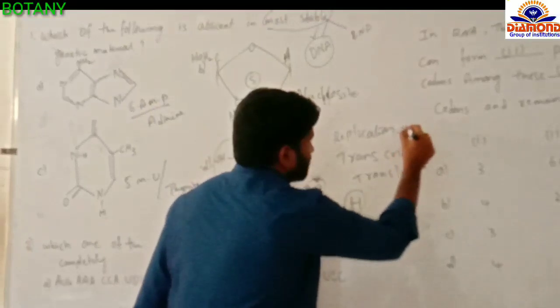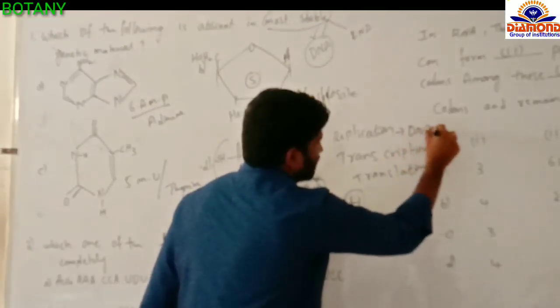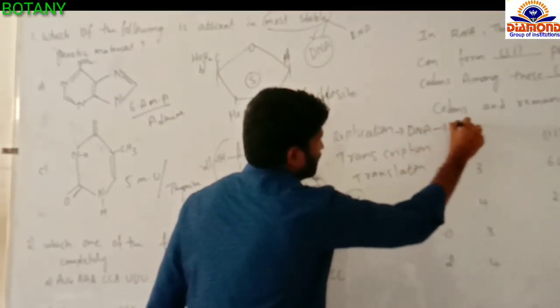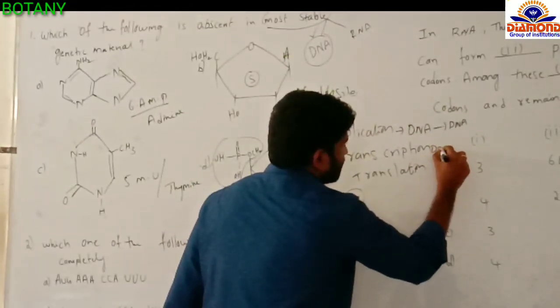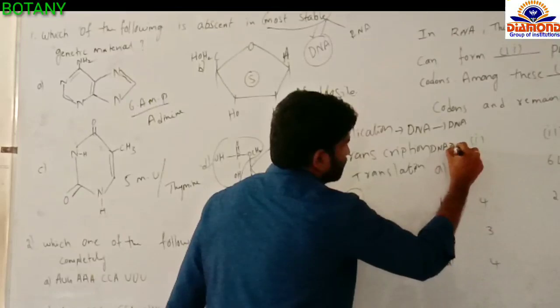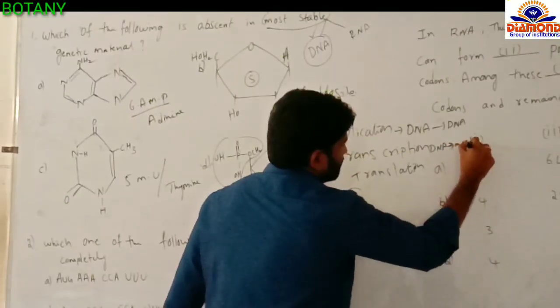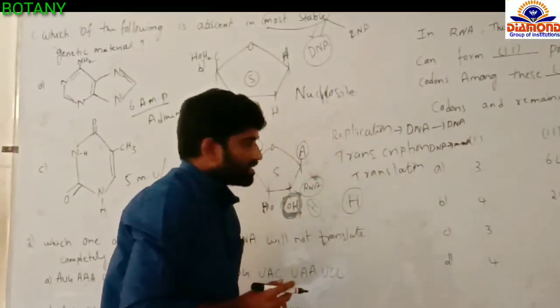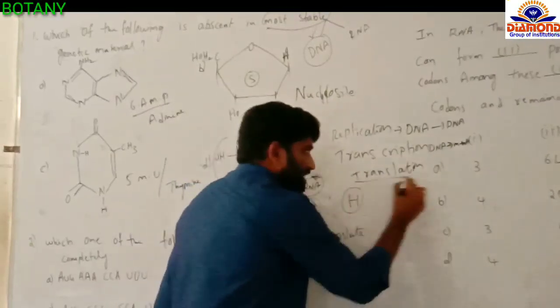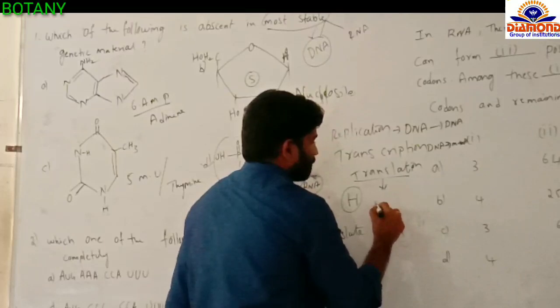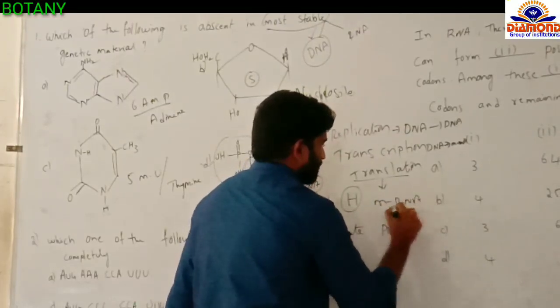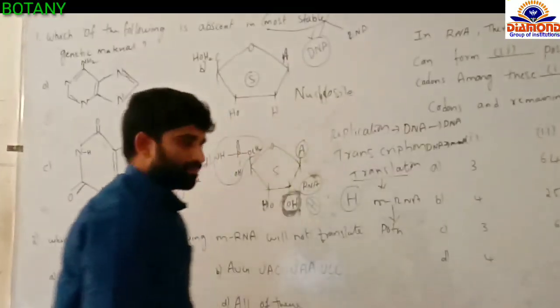Replication means synthesis of DNA from the parental DNA. Transcription is synthesis of mRNA from the DNA. And translation means synthesis of protein from mRNA. This is called the translation mechanism.